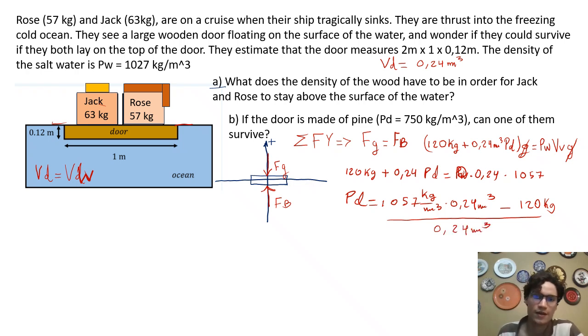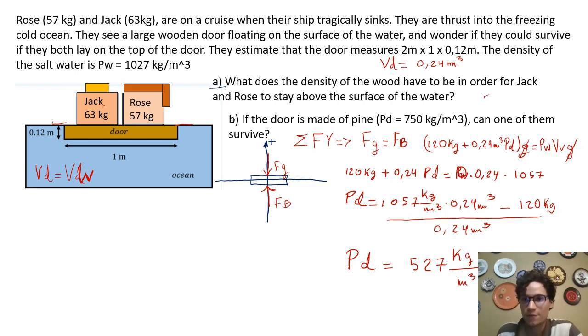So we put that on our calculator and we find that the density of the door is equal to 127 kilograms per meter cubed.